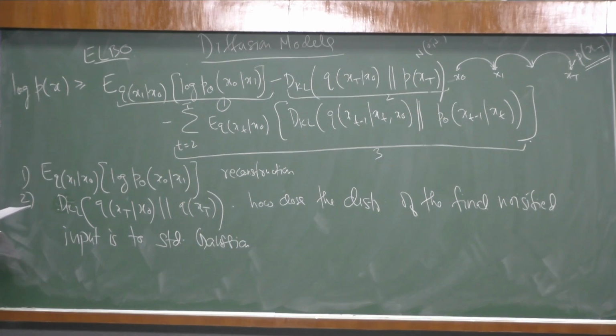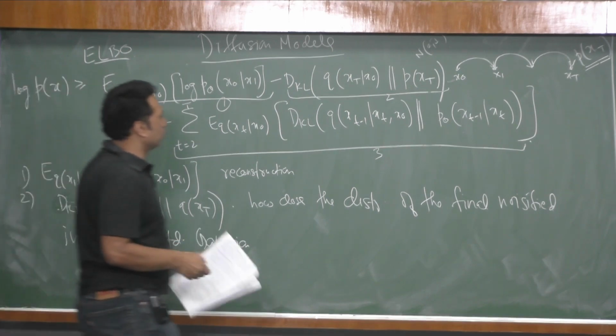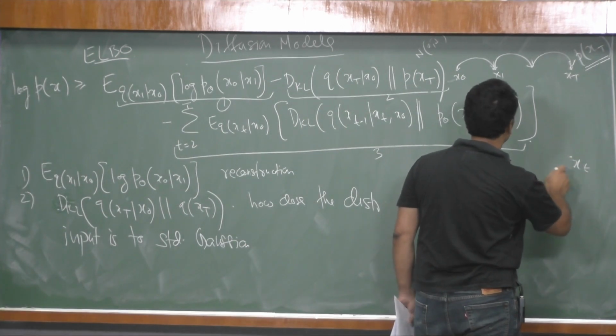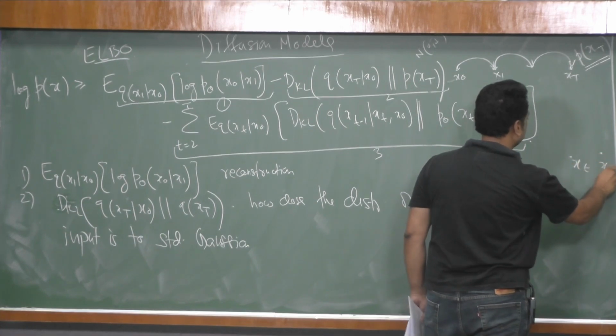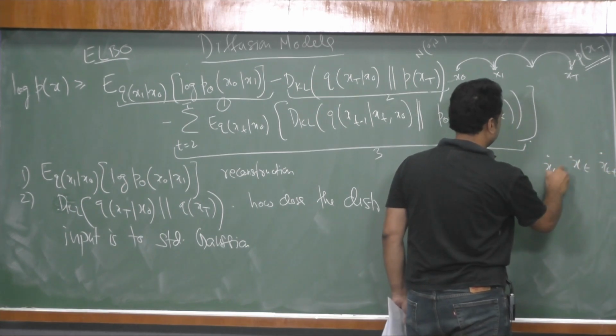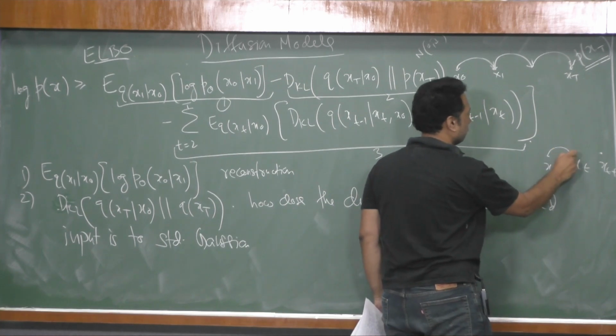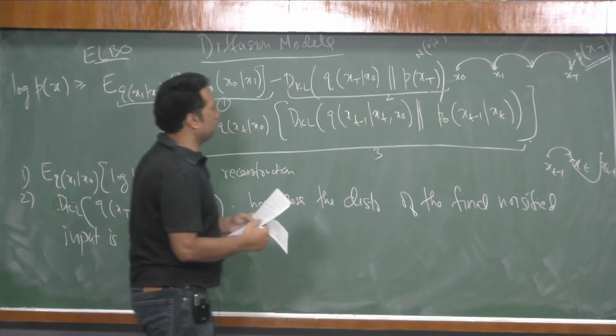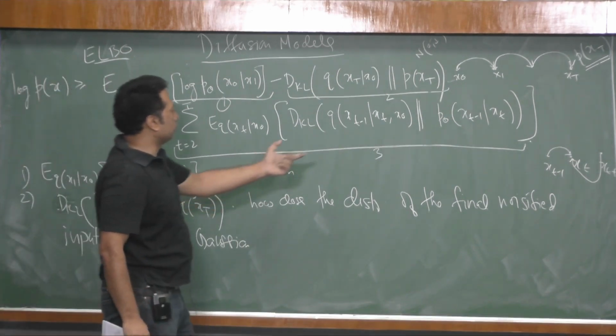And then the third term is the term we also saw in the last class, where you are trying to see the consistency between x_{t+1} and x_{t-1}. So it's the forward process and this is the backward process, and you want to see whether these distributions match.